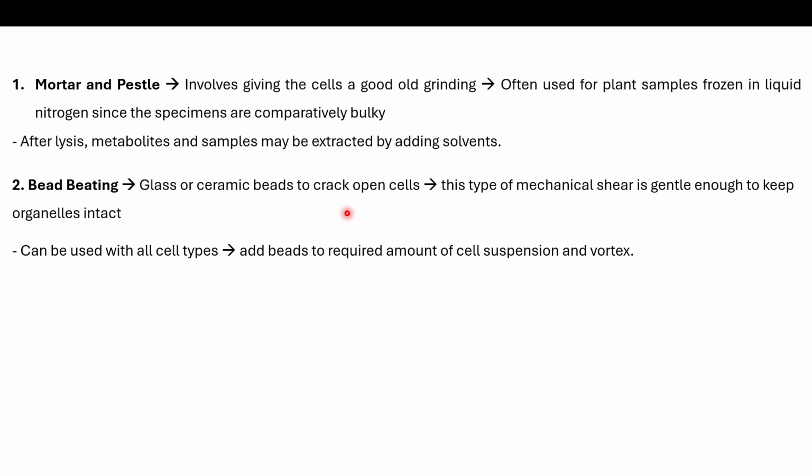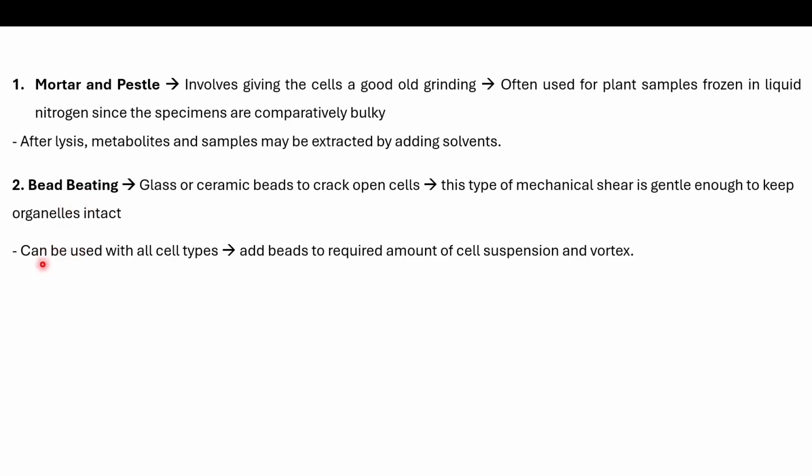You vortex it at a very high speed, or rotate it at whatever speed is feasible for your sample. The mechanical forces from the glass beads crack the cells open. This type of mechanical shear is gentle enough to keep the organelles intact.